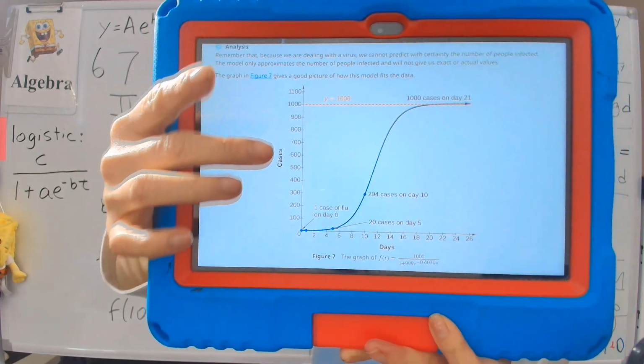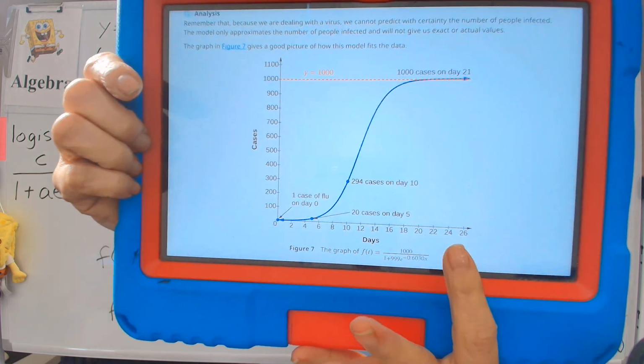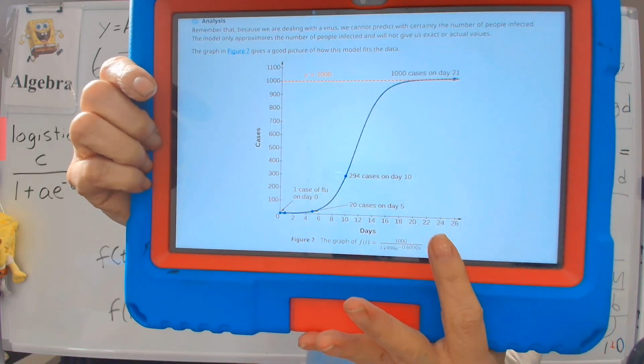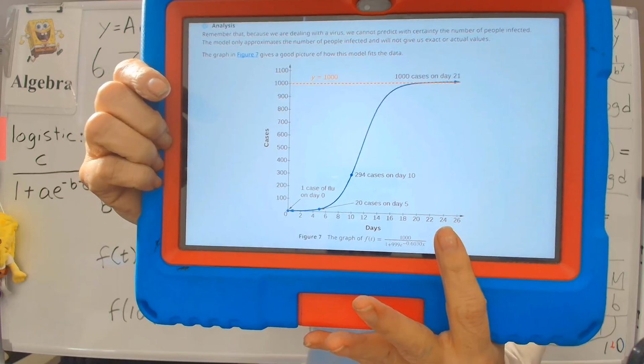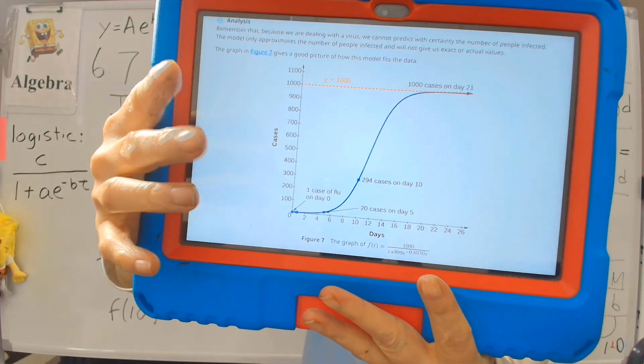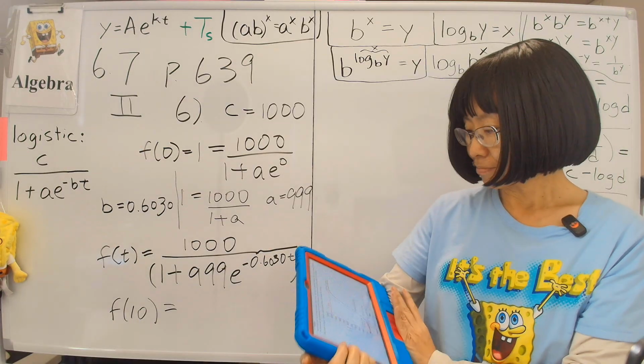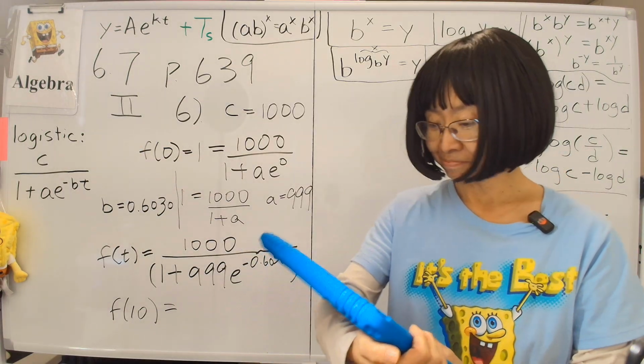Notice that the vertical line goes to 1100, whereas the horizontal line only goes to about 26 or so. So you do need to pay attention to that. Okay. So according to this model, the whole town is going to catch the flu by day 21.